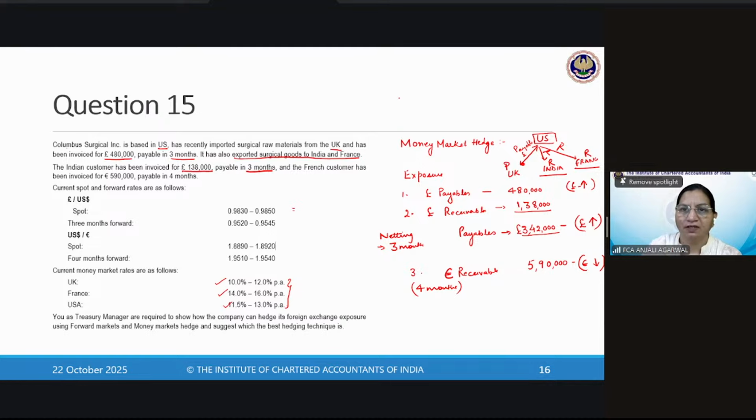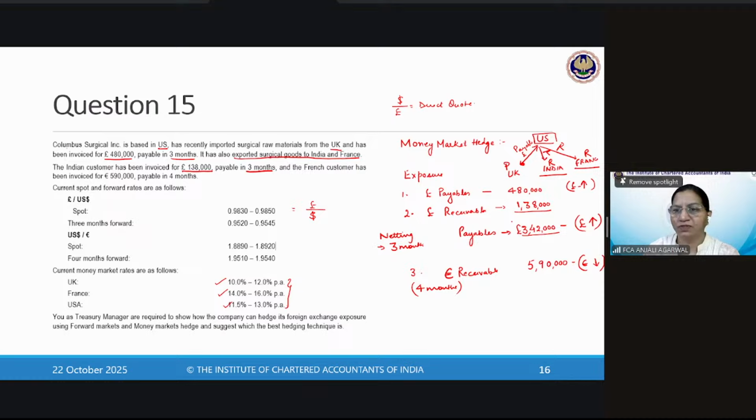From the US, the direct quote would be dollar on foreign currency, right? So this would have been the direct quote. But what we are given is an indirect quote. So it is pound by dollar, right? So we need to convert it into a direct quote.